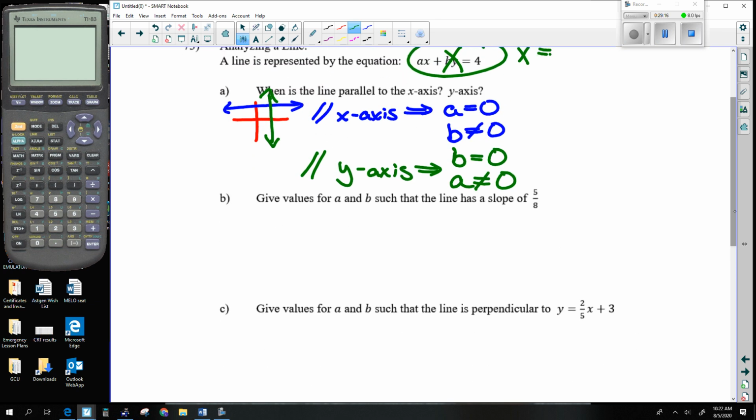Okay, give the values a and b such that the line has a slope of 5/8. Now is where I bring in the idea of what I was thinking about before.